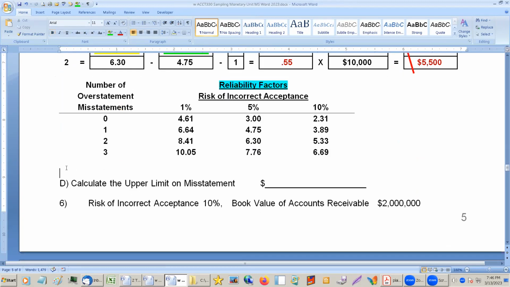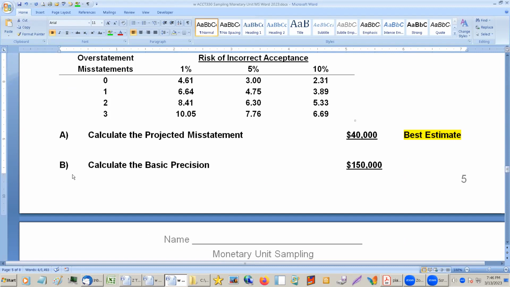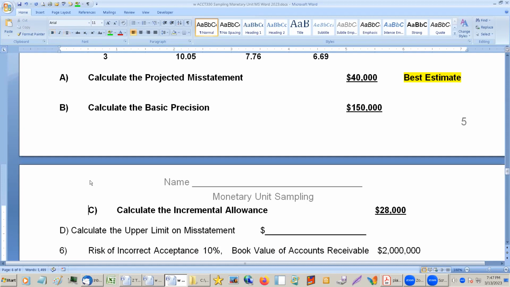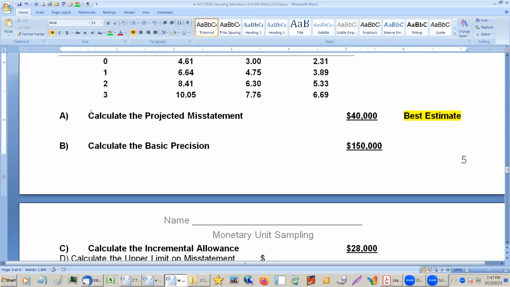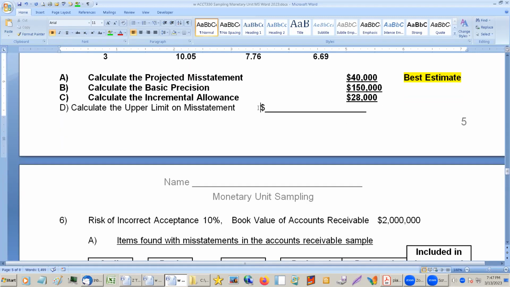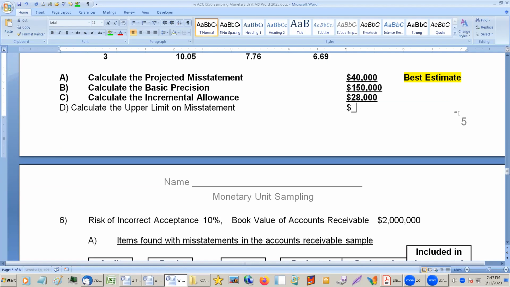Give me 1 second here. Okay, so this will be our upper limit.